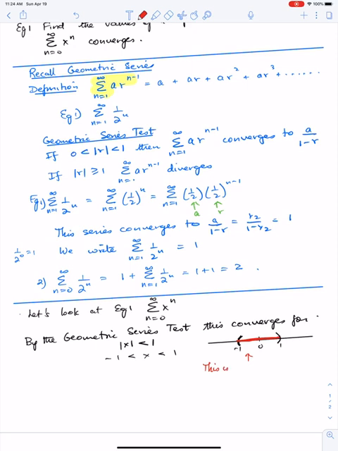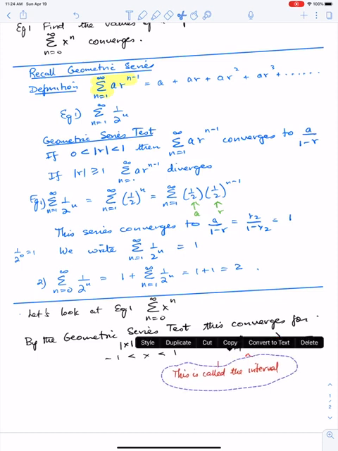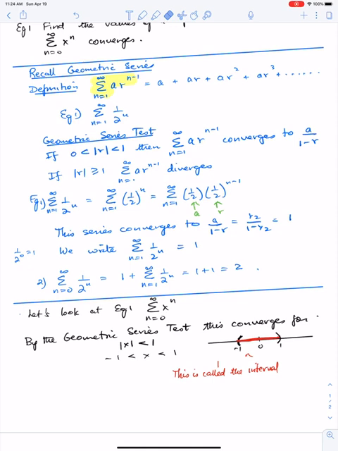This is called the interval of convergence. All right?